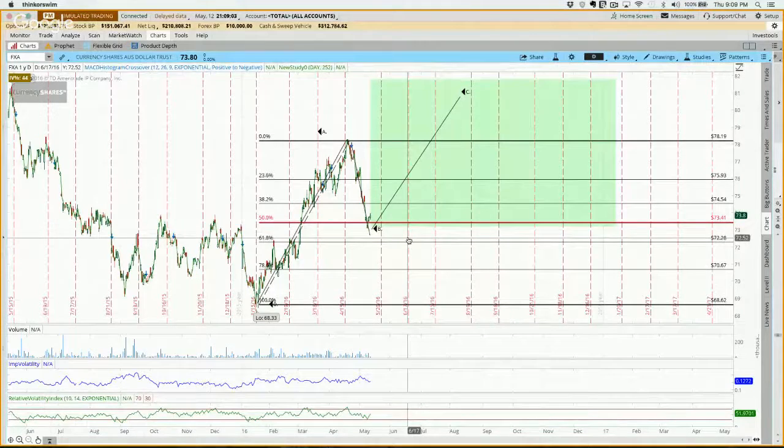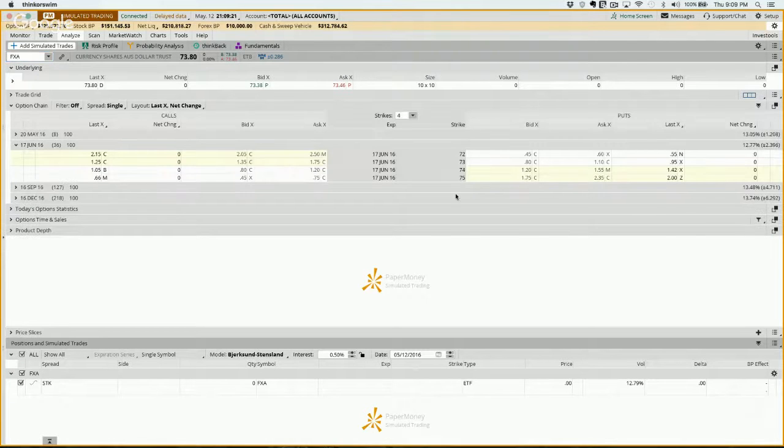All right, now a more technical level to simulate the risk profile of FXA. This is how you do it. Click on Analyze FXA. Okay, I'll be selecting the same expression option chain.